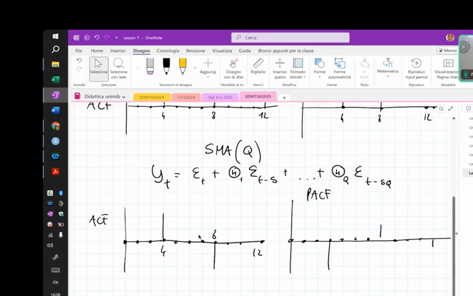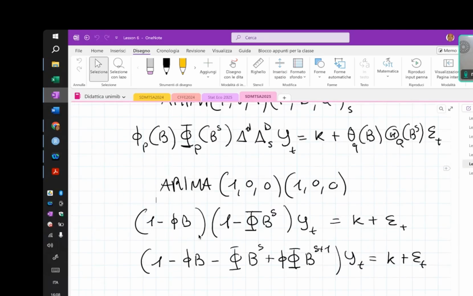Okay. Of course, when you have the full model, as I told you, everything gets mixed. So the autocorrelation and partial autocorrelation functions are more messy. Okay. So as I told you, the strategy is to recognize the thing that is more evident, fit that, estimate the model, look at the residuals, and if something else is left, then it will become more evident after taking off the most evident part.